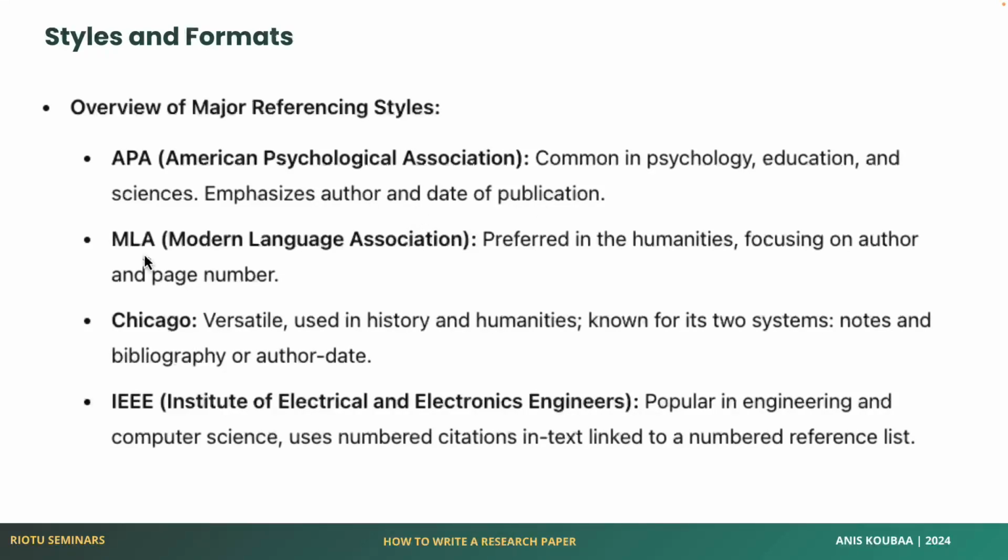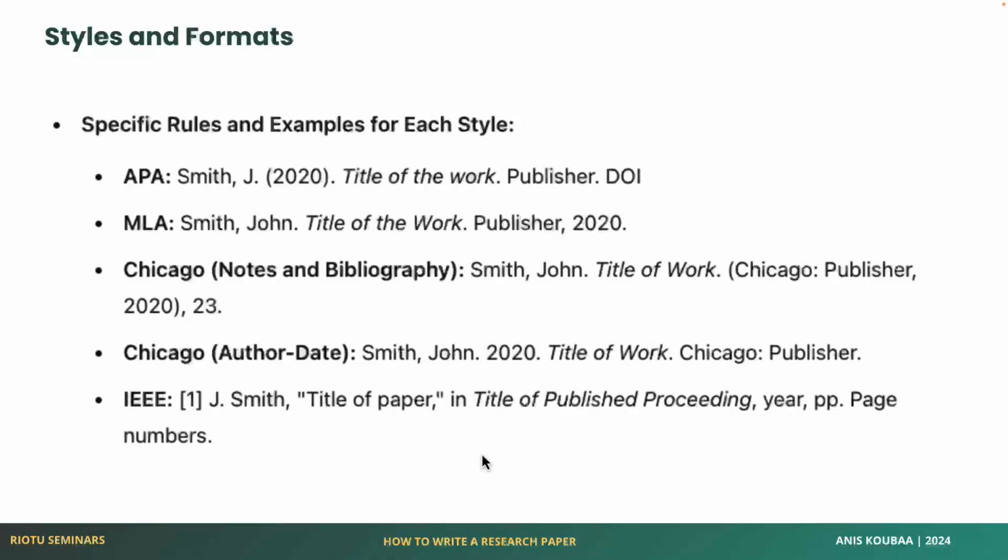The MLA, the Modern Language Association, this is preferred in humanities and focuses on author and page number. The Chicago, it's versatile, used in history, humanities, and known for two systems: notes and bibliography, and also author-date. And the IEEE, that's probably more relevant for us, popular in engineering, computer science, and so on.